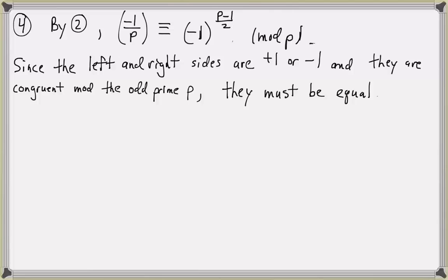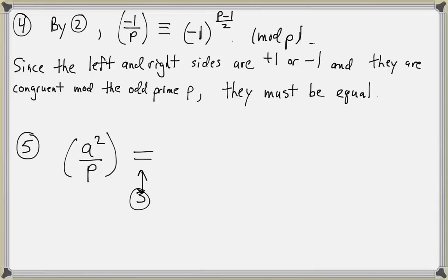So now for property 5, which states that (a squared/p) is equal to 1 when a is not 0 mod p. We start out with (a squared/p), then by property 3, we can break this up as (a/p) times (a/p).